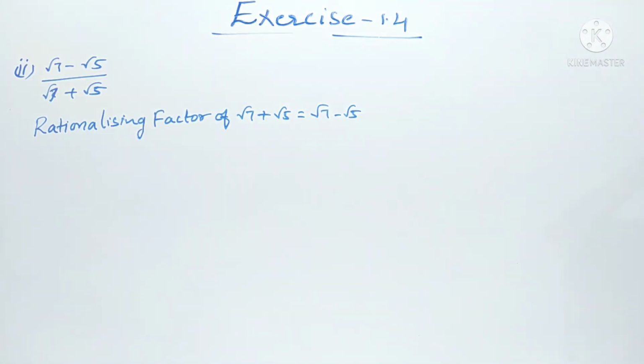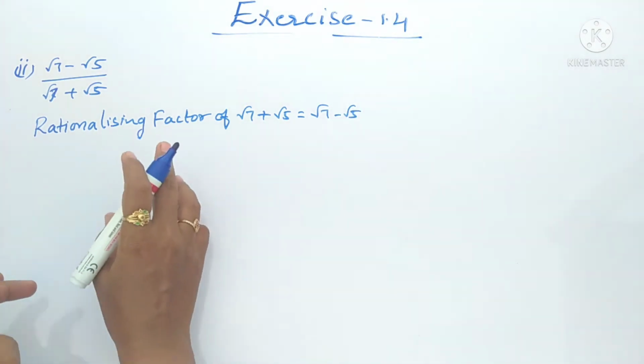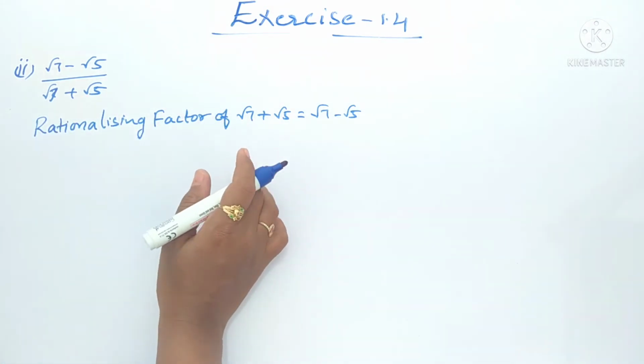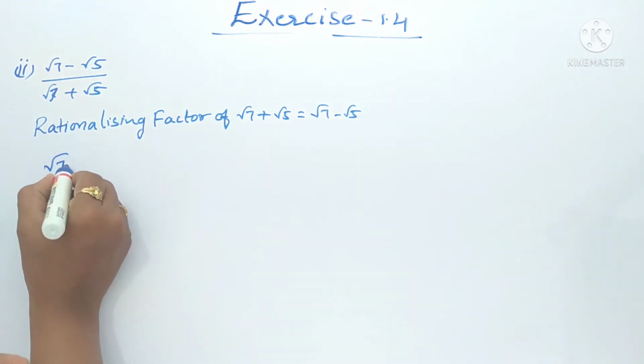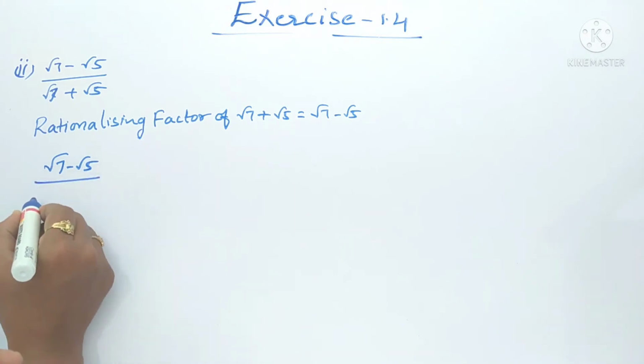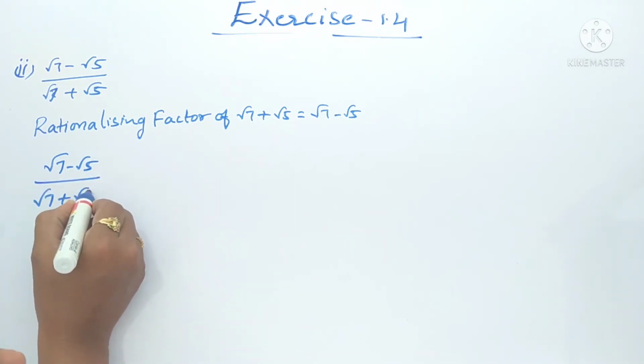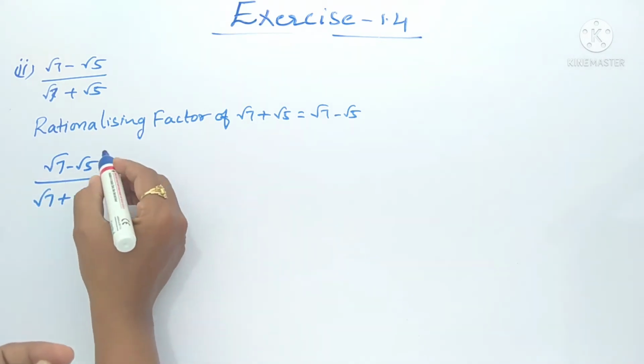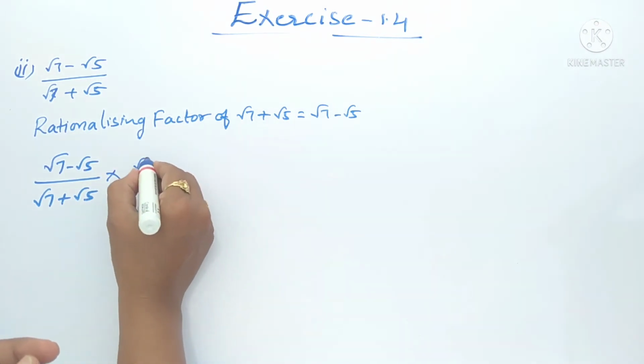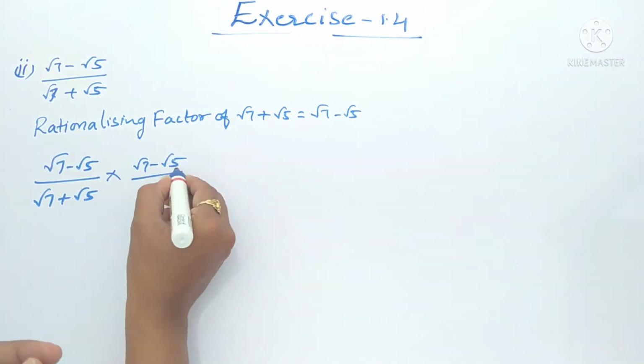Okay, simply just change the sign of the denominator. Terms are same. So for rationalization, with root 7 minus root 5 by root 7 plus root 5, we have to multiply both numerator and denominator with root 7 minus root 5.